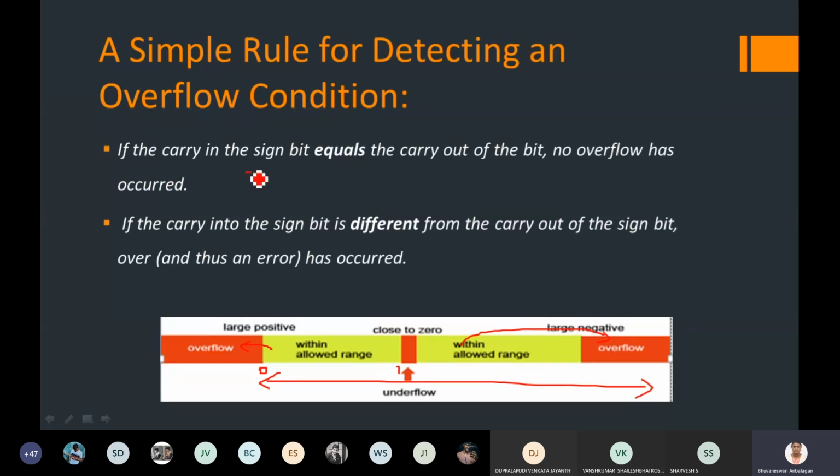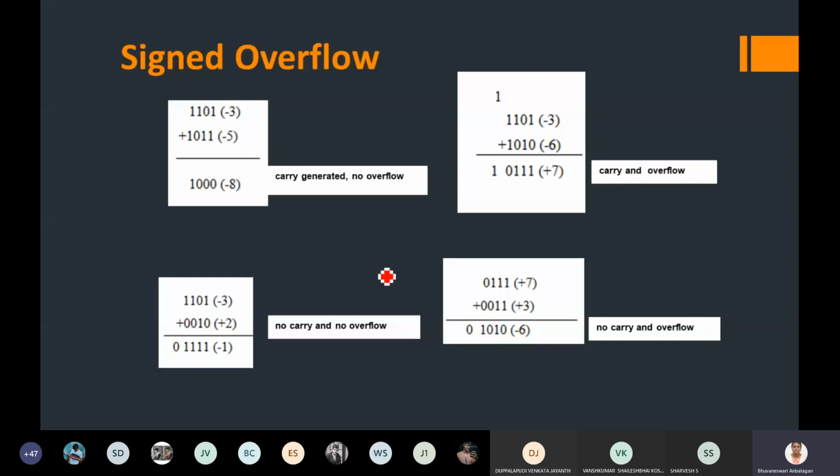So if the carry into the sign bit equals the carry out of the sign bit, no overflow has occurred. If the carry into the sign bit is different from the carry out of the sign bit, then overflow has occurred. We'll see with certain examples.